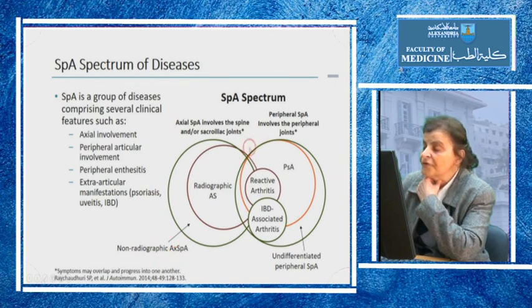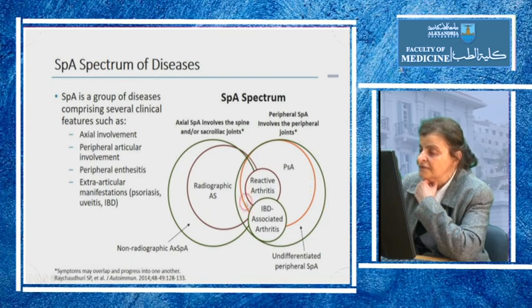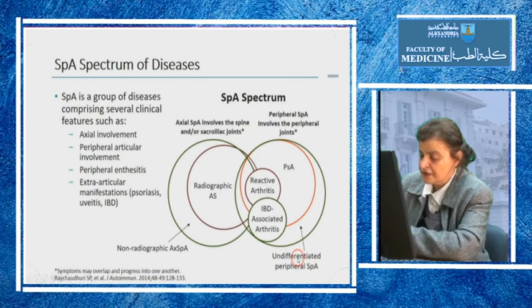And we also have the peripheral spondyloarthritis involving the peripheral joints, and this includes diseases such as psoriatic arthritis, reactive arthritis, IBD-associated arthritis, and the undifferentiated peripheral SpA.